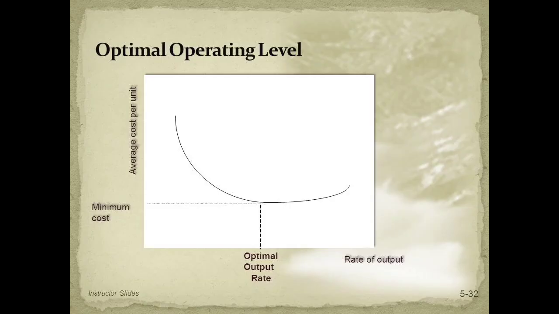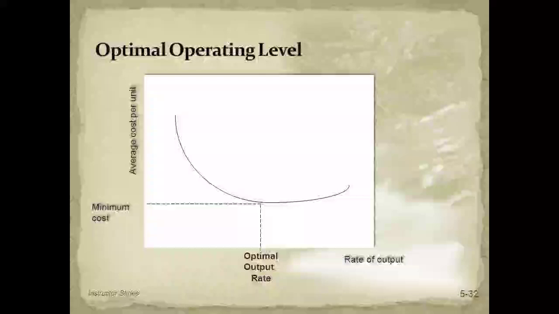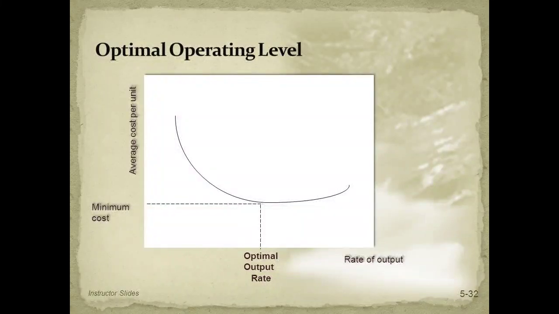Next is the optimal operating level. The graph here shows, on the left side, the average cost per unit. As the average cost per unit meets the optimal output rate, it's lowering the cost, hitting the minimum cost per unit.